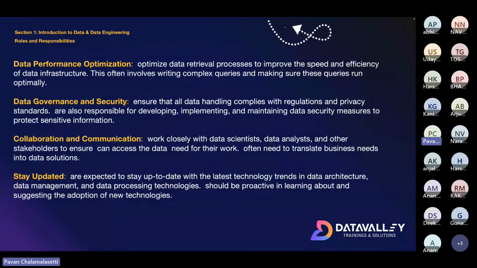The next one is data performance optimization. As I said, it's all about balancing between cost and performance when somebody is trying to retrieve the data. Then there is governance and security, which is also a very important point. When it comes to data governance and security, there are some regulations that as a data engineer you need to be aware of.